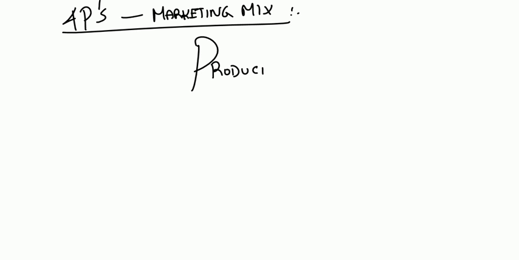Okay, we have the customer, we have the company, we have the competitors, and we have the collaborators. But what is very important in a business environment? It is product or service, because this is the thing which is going to bring profits to the company. And then the place where it is going to be sold.